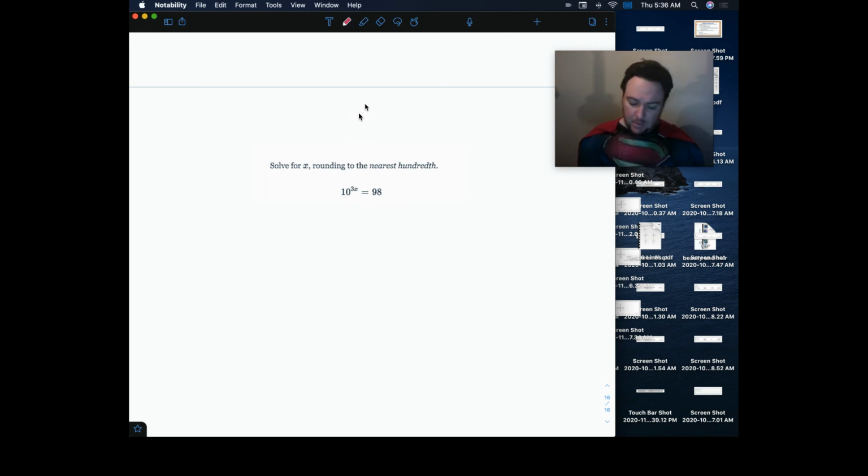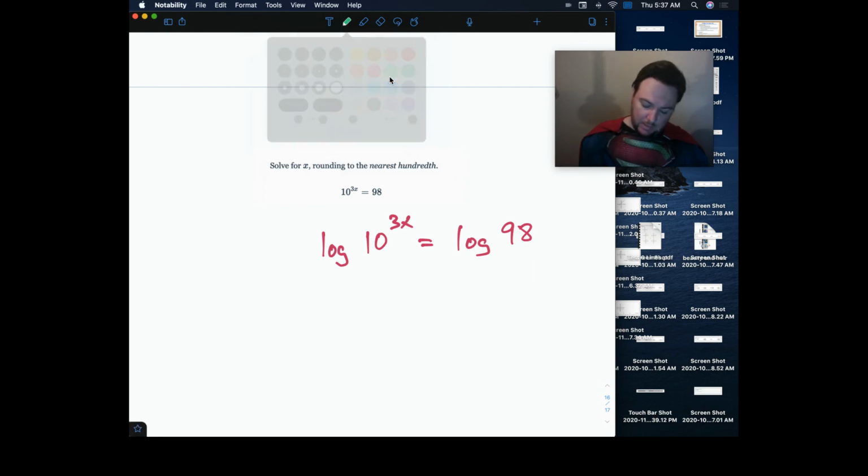The big deal here is that anytime you're solving for variables in the exponents, that's a key that you want to use logs. So I'm going to take log base 10 of both sides: 3x equals log 98. And we like this because whenever you just write log, it means the base is 10. So this is 3x equals log 98.